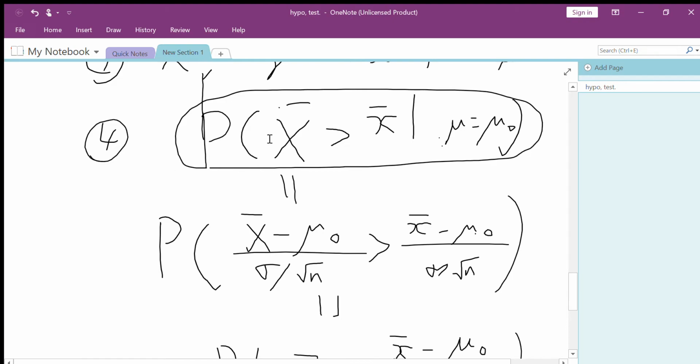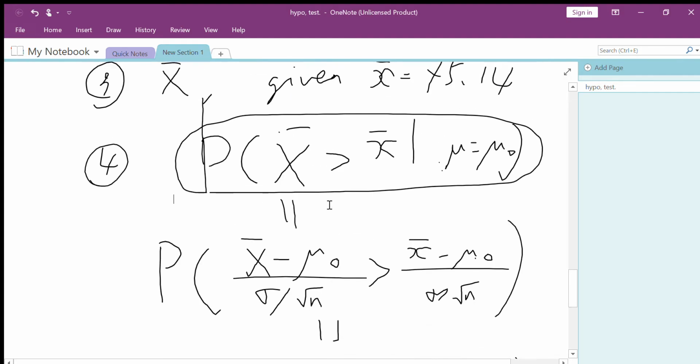This probability means the equal sign H0, which is mu equals mu 0, supports such a realization. The realization is this small x bar, or a realization being even more extreme. So the greater sign is being more extreme.